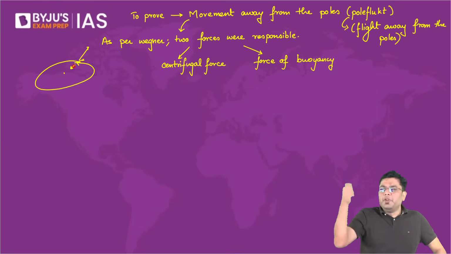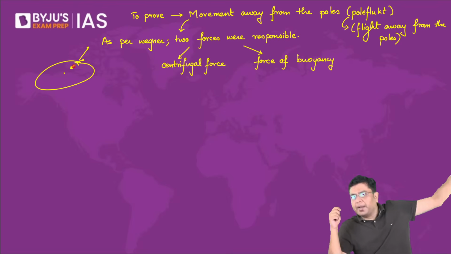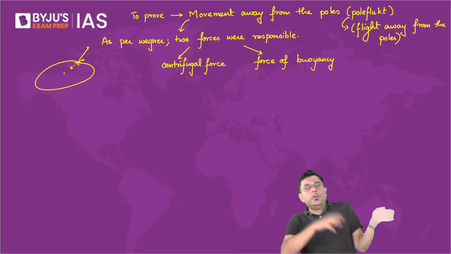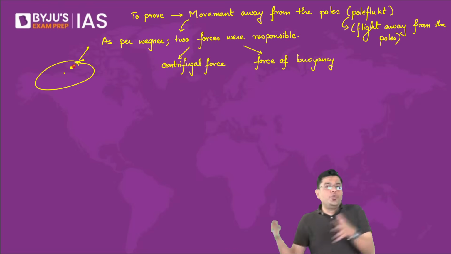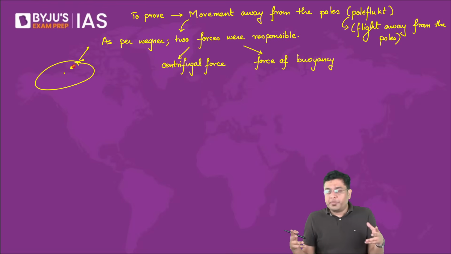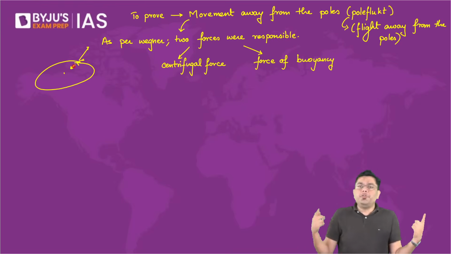After some time, you will experience that the object will tend to move away from you. Similarly, if you try to ride a bicycle in a circle, you'll find that there is an outward force acting, where you will have a tendency to fall outwards as well. So that is your centrifugal force.